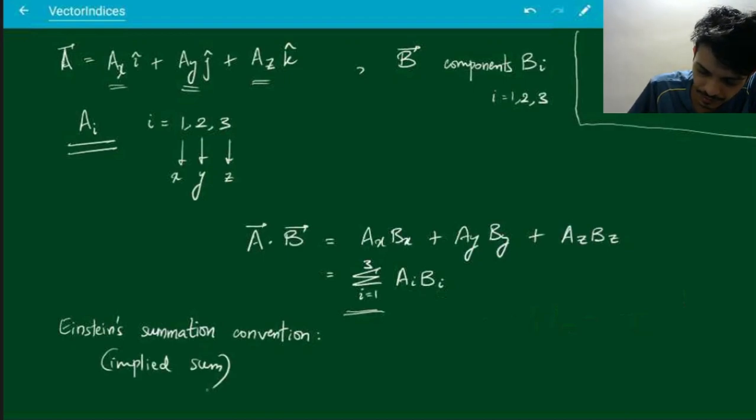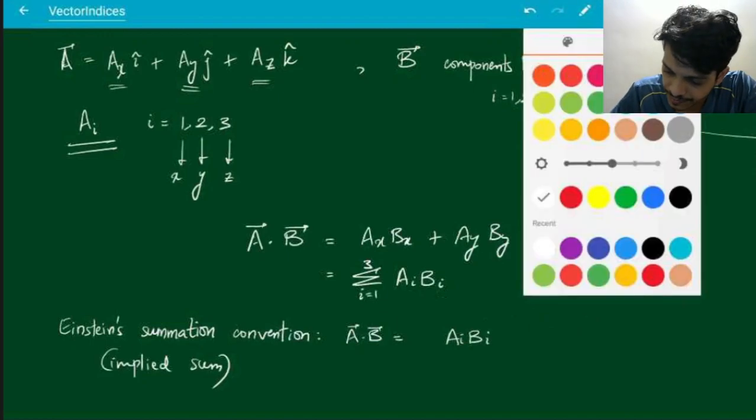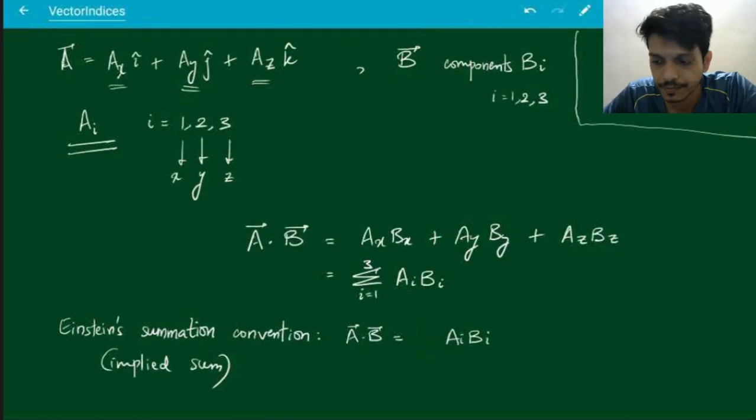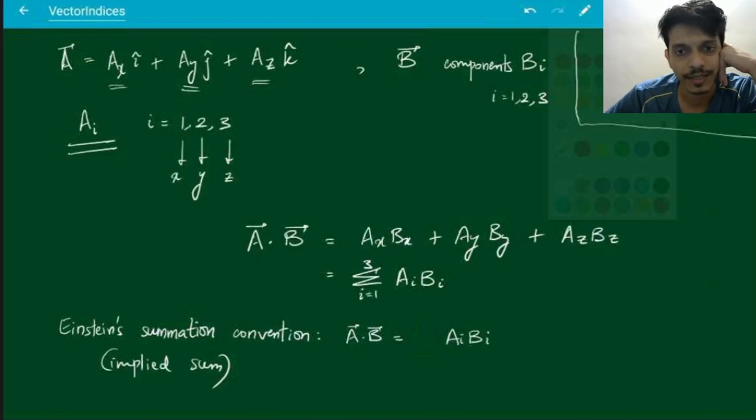So in Einstein's summation convention, I would just write this a dot b as a_i b_i, with the understanding that there is actually a sum over here, but I will not write it. So this is how you write a dot product using the Einstein summation convention.